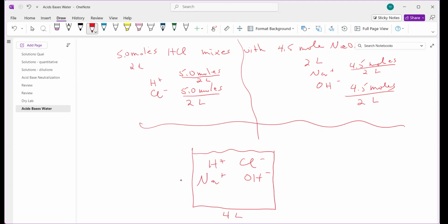We had 4.5 moles of OH, grab 4.5 moles of the H and form water. So because we had an imbalance of H and OH, what's left over? The H, because there's more of them, by 0.5.